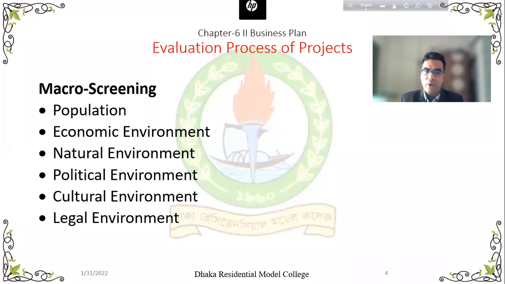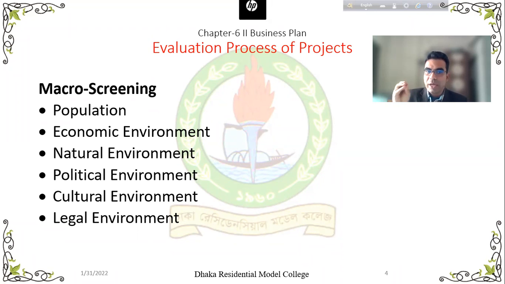Why? When you will establish a business, all the raw materials will come from natural environment. If the natural environment is not suitable for producing raw materials, you will fall in a raw material crisis. বলছে কাঁচামালের সংকটে তুমি পড়ে যাবা। বিকজ সমস্ত ধরনের কাঁচামালগুলো কোথা থেকে আসে? ন্যাচারাল এনভায়রনমেন্ট থেকে আসে.